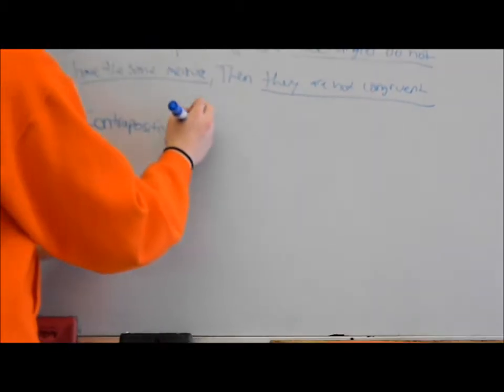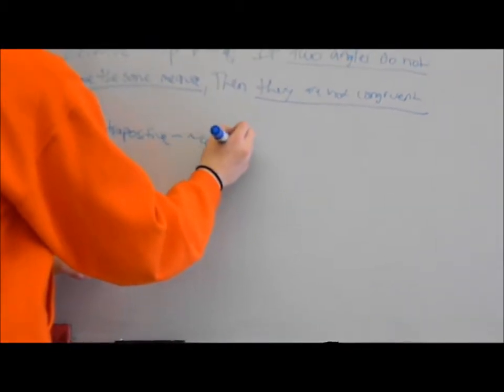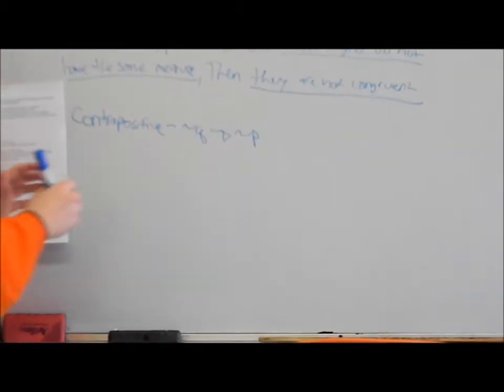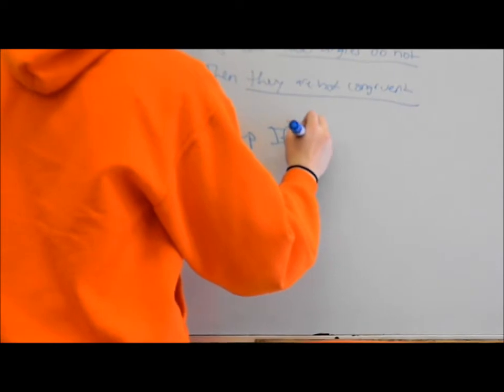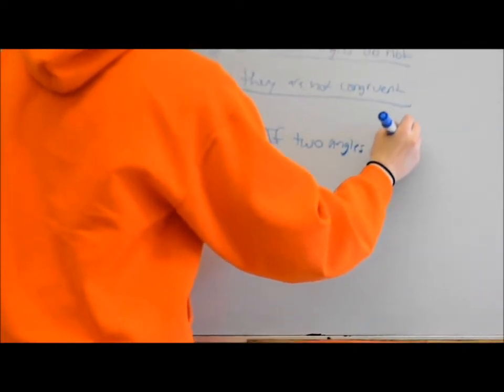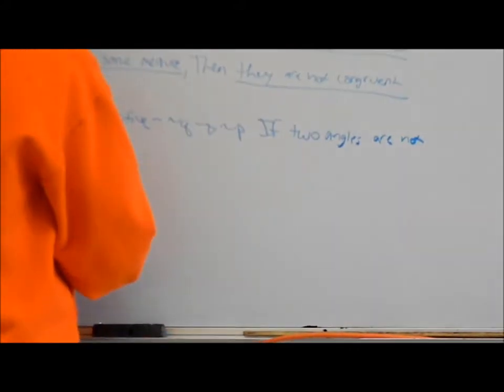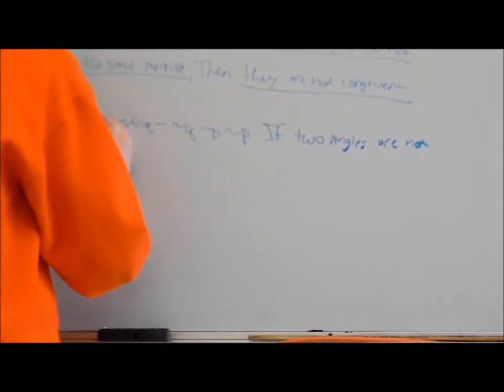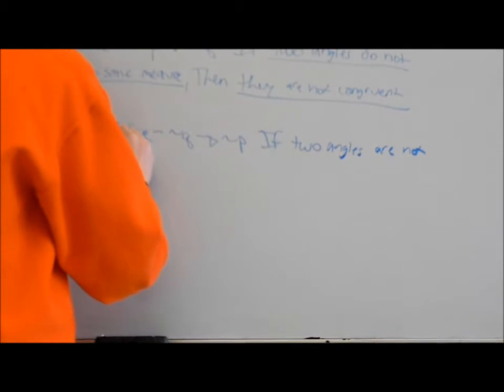The order of that is not Q, then not P. An example of that is if two angles are not congruent, then they do not have the same measure.